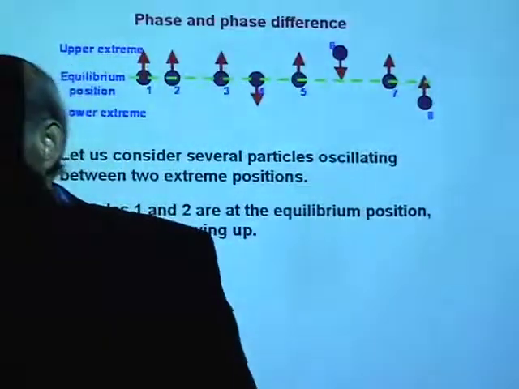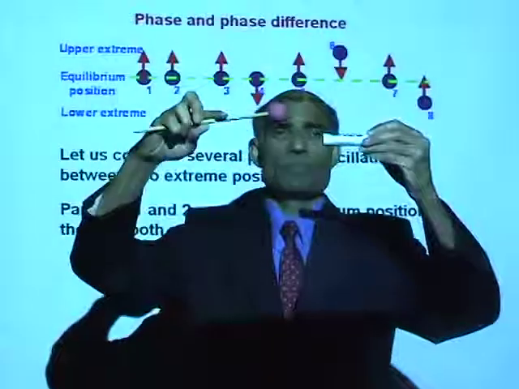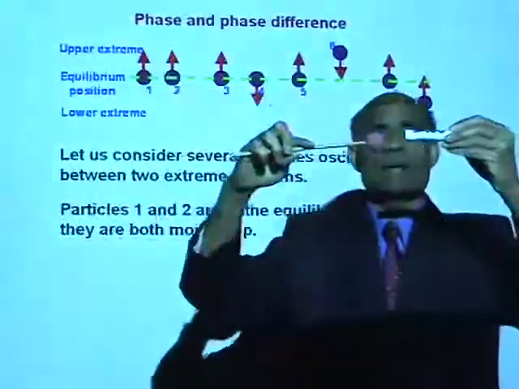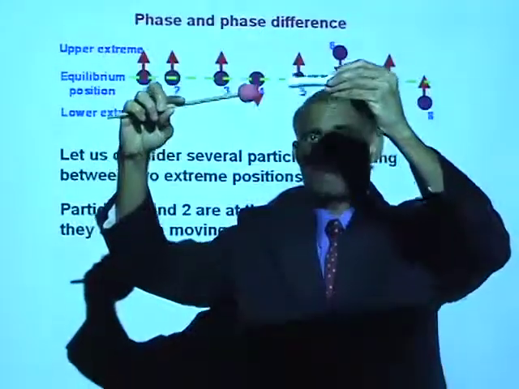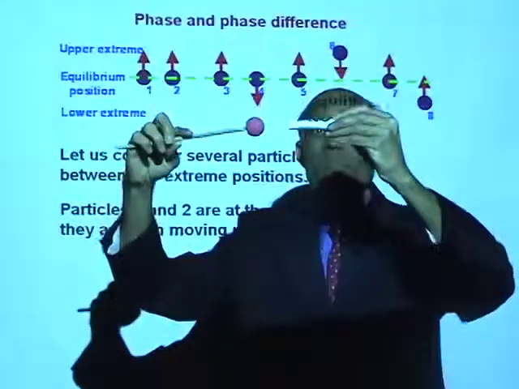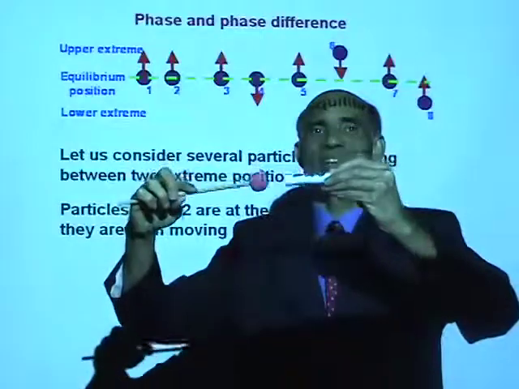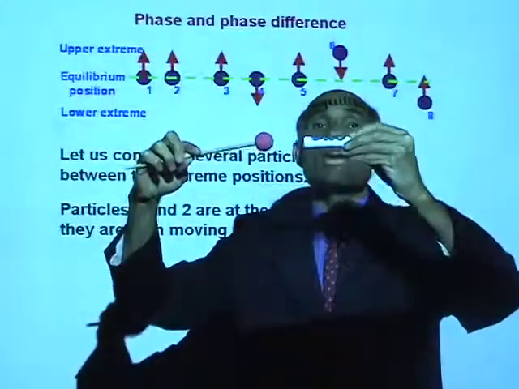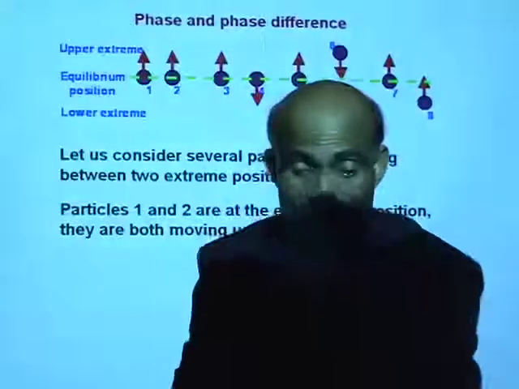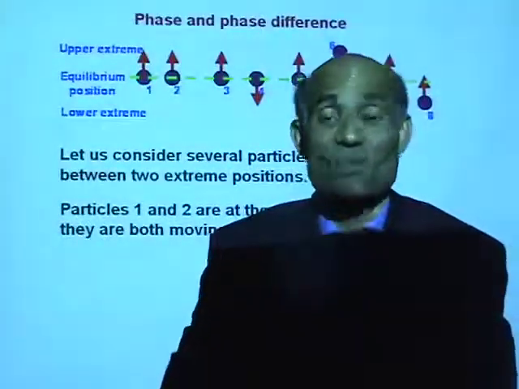Now let me see if I can illustrate that here. If I have particle 1 and particle 2, they are both moving up together, back to the equilibrium, down, back to the equilibrium. We can say they are both in the same phase of vibration.